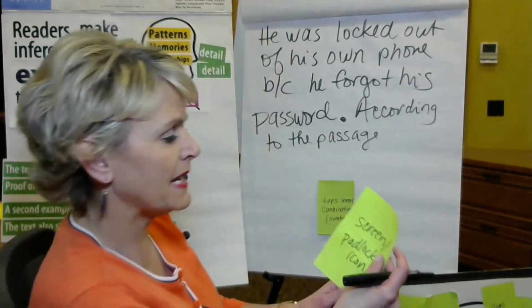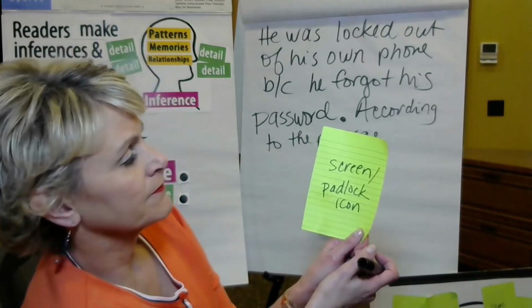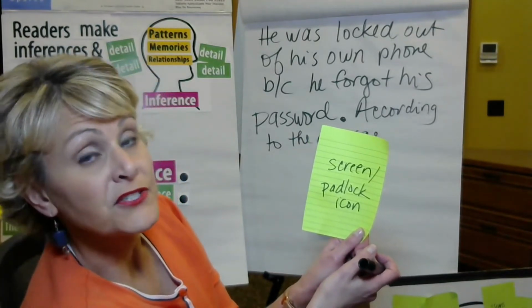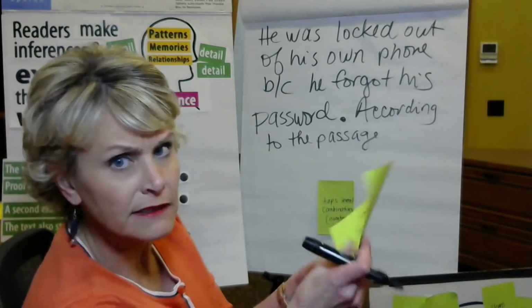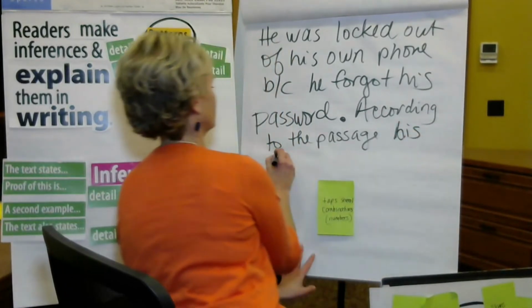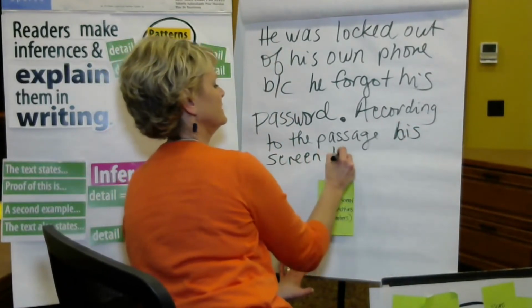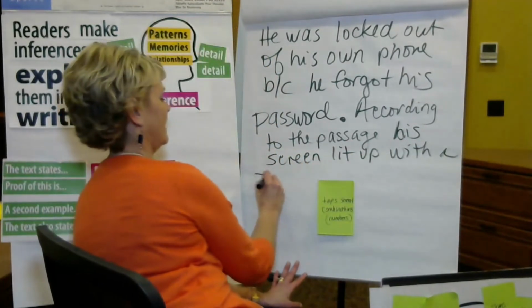How are you going to phrase it? His screen lit up with the padlock icon. Yeah, we don't have to make this hard, you guys. According to the passage, his screen lit up with a padlock icon.